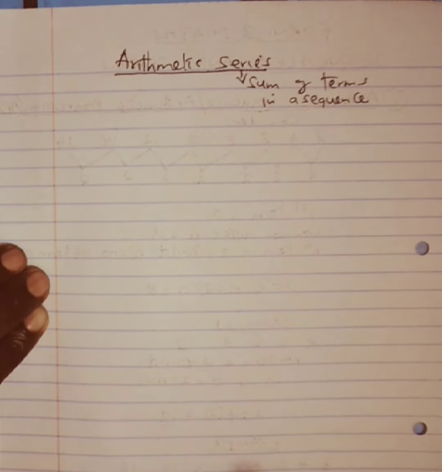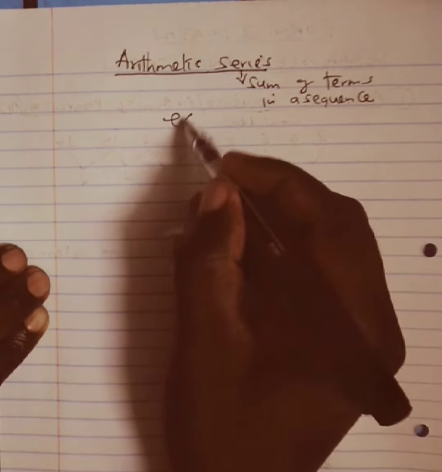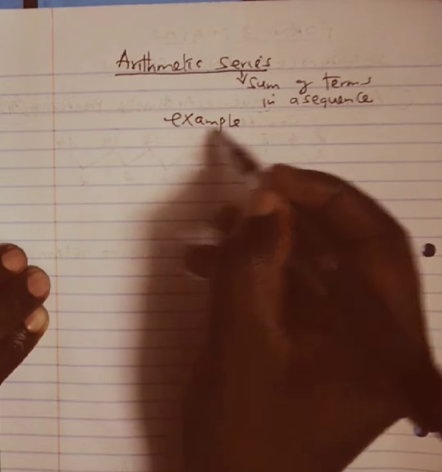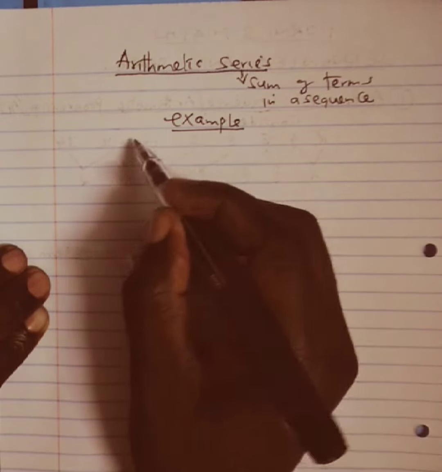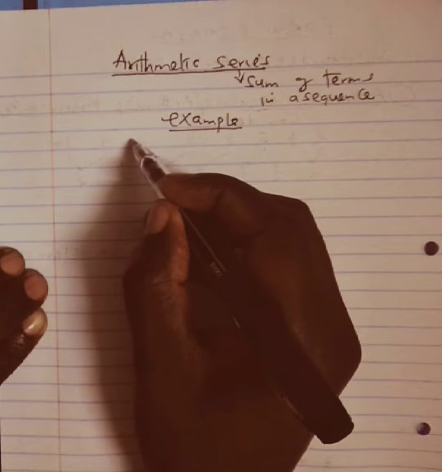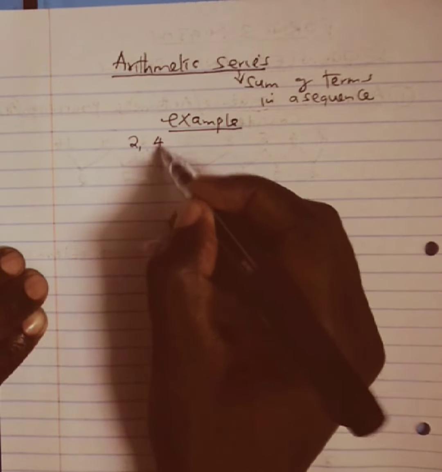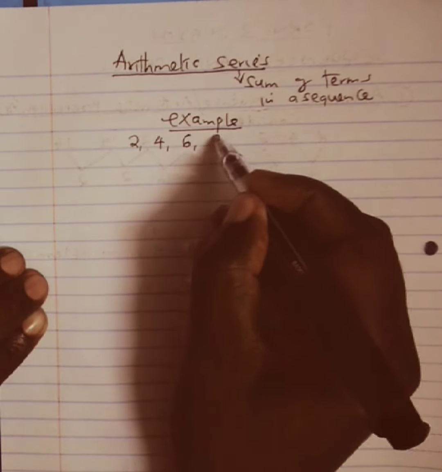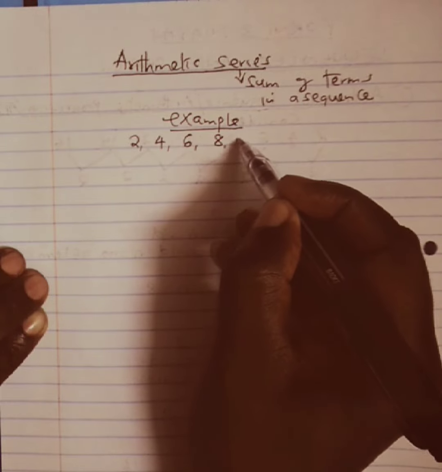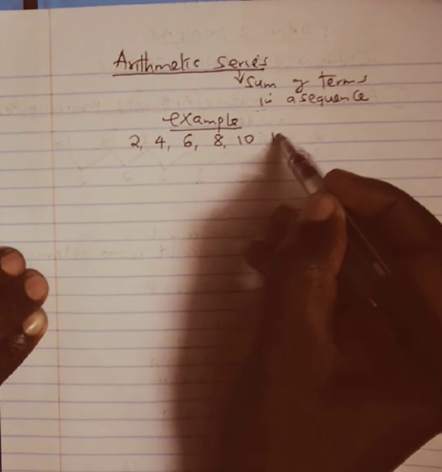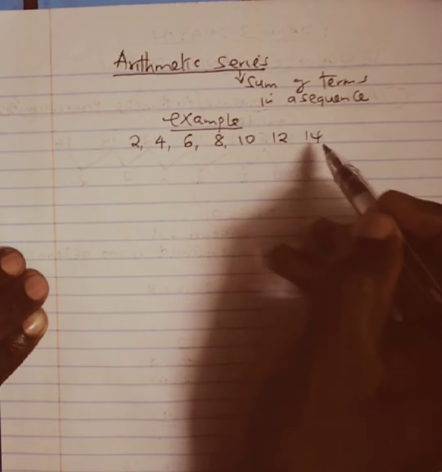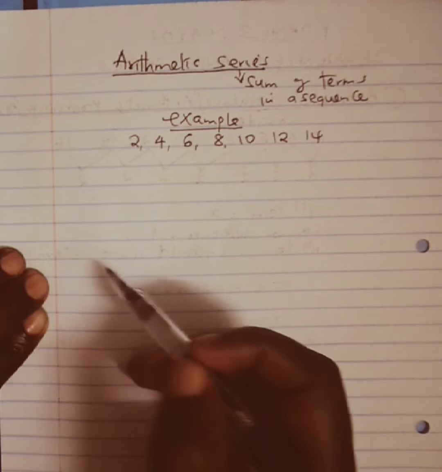Sum of terms in a sequence. For example, let us have our previous example where we had 2, 4, 6, 8, 10, 12, and 14 in that particular order.